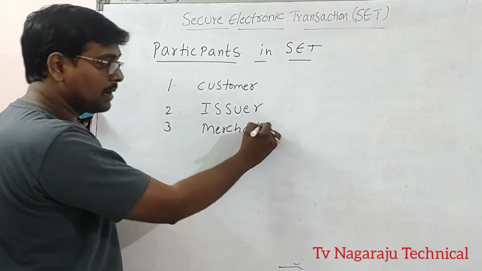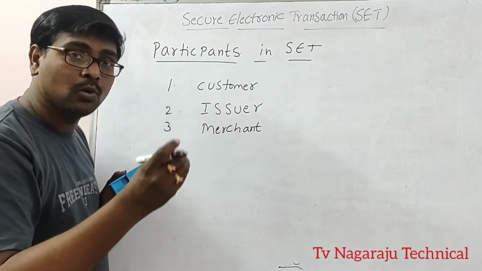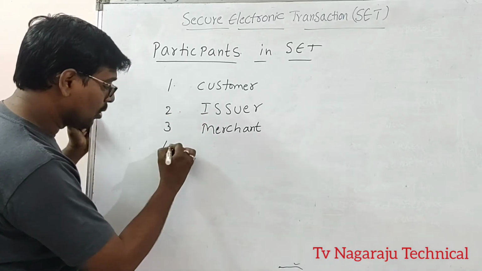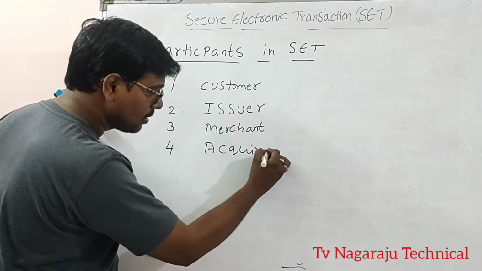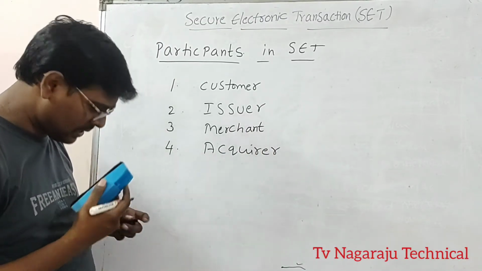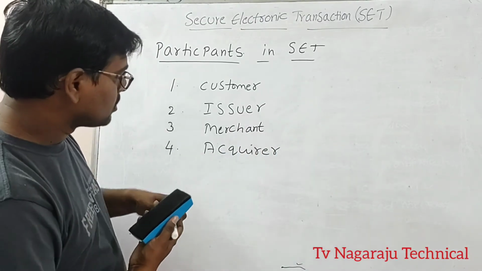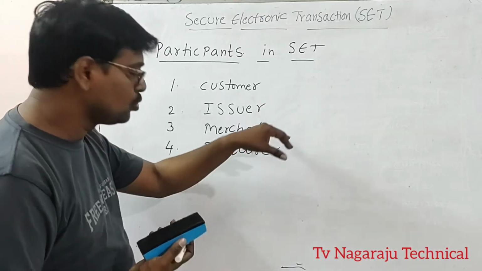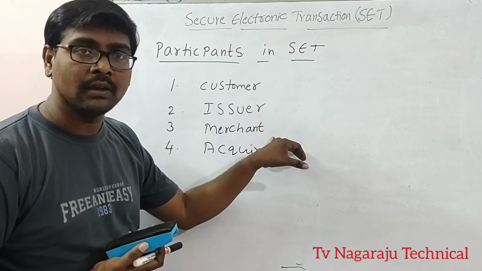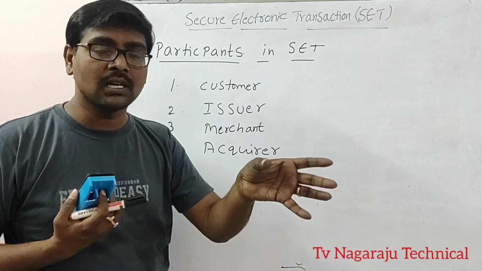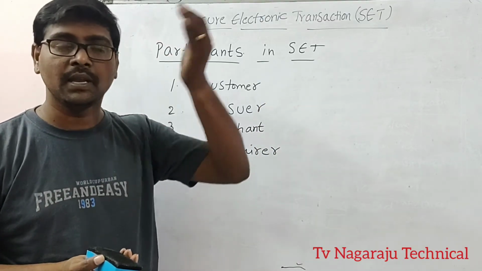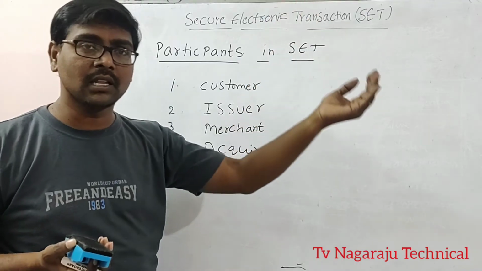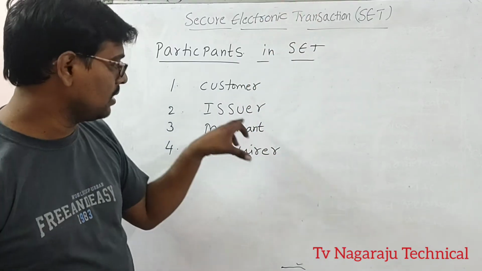Now what is the other side? The other side is the merchant, the person who sells the product. Now, what is meant by acquirer? Exactly the same thing: the financial institution of the merchant. For example, if 10 users are there, each user uses a different credit card. I am using SBI, another person HDFC, another person Axis, and so on.